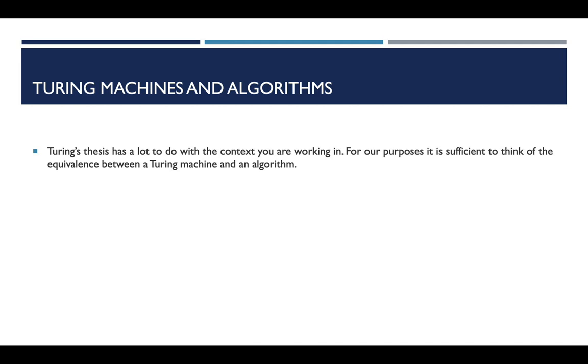So what this leads us to is the fact that Turing's thesis has a lot to do with how you're trying to use it. For the purposes of this class, it is sufficient to start thinking about an instance of a Turing machine that has a specific configuration of a control unit with an algorithm.